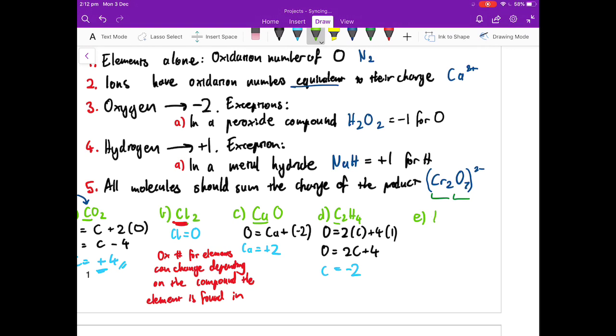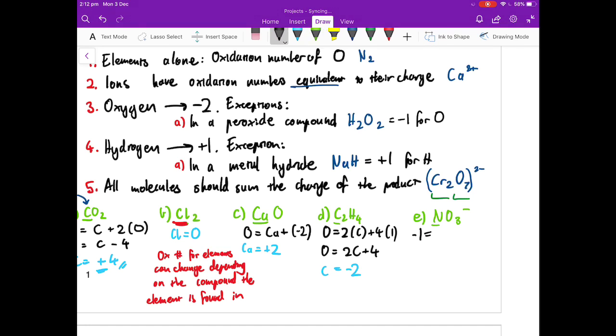Let's take a look at NO3-. So NO3- is an anion, as we know, with a charge of -1. So according to rule 5, we need to remember that it's going to have an overall charge of -1. Thus, let's work out what it should be. The one we don't know here is N, and we want to find that out.